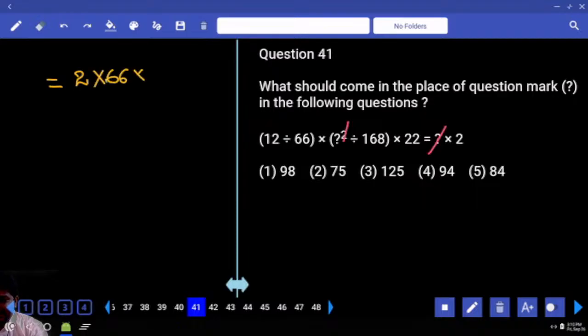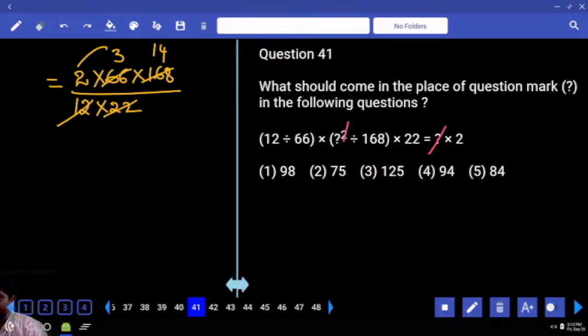Into 66 into 168. Left hand side numerator, how many numbers are there? Multiplication. 12 is there. 22 is there. 12, 14 times. 22, 3 times. 2 into 3, 6 times of 14. 84.